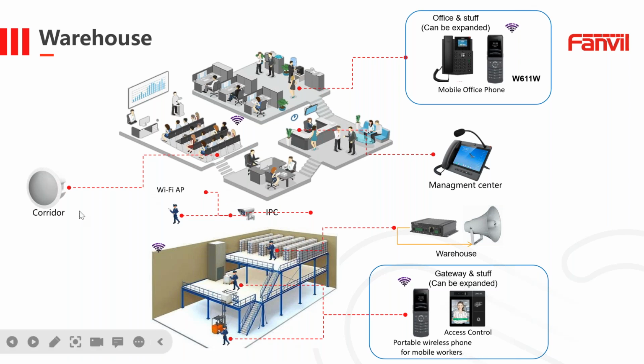And also, besides the corridor and public area, the gateway and office can install our IP phone or access control equipment, and staff can also be equipped with our wireless phone so they can communicate with each other.